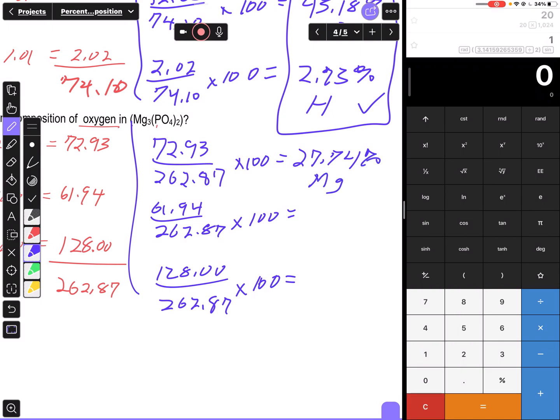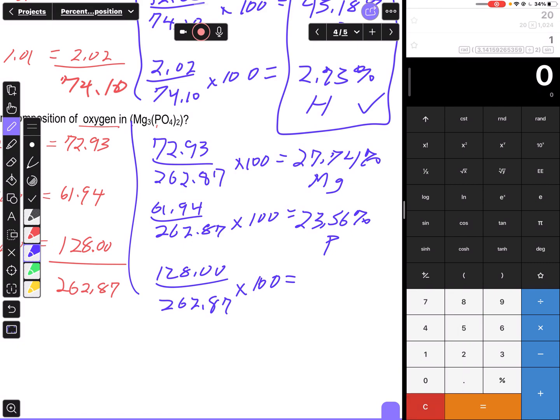Next, I find the percent of phosphorus. That would be 61.94 divided by 262.87 equals that. Multiply it by 100 equals 23.56%. That's percent of phosphorus.